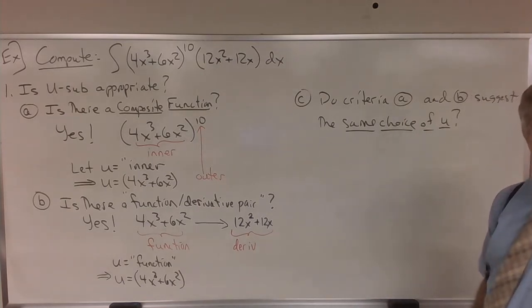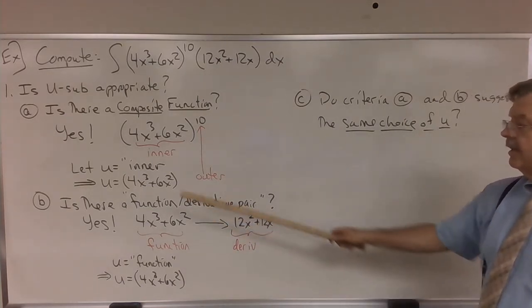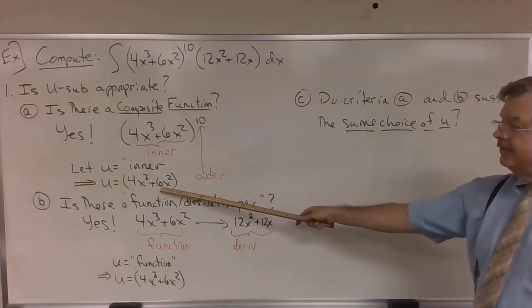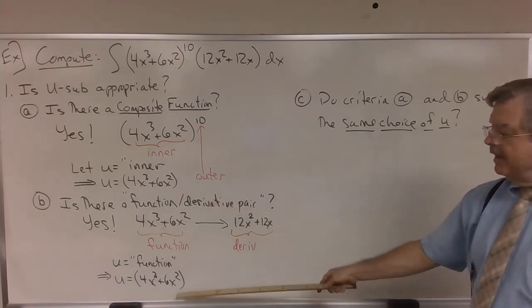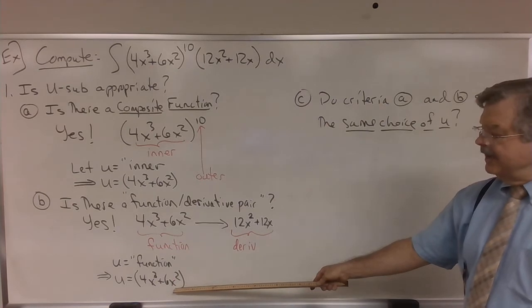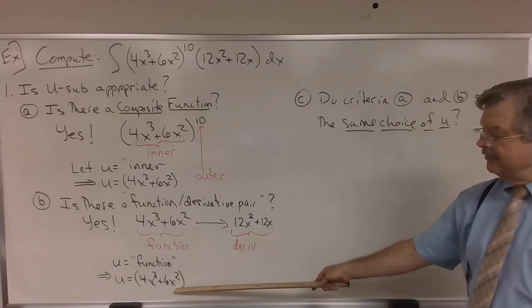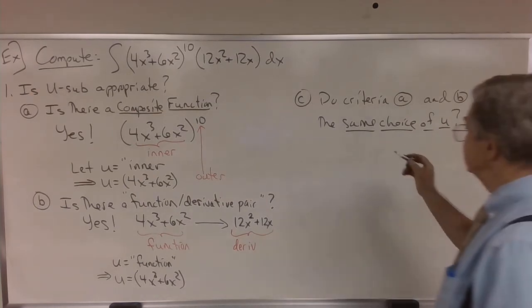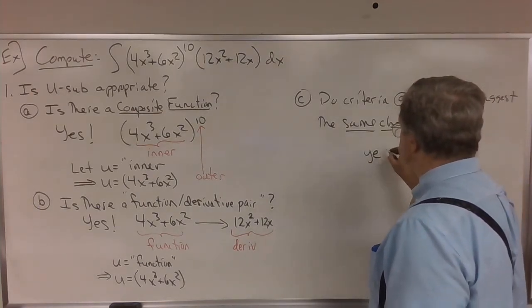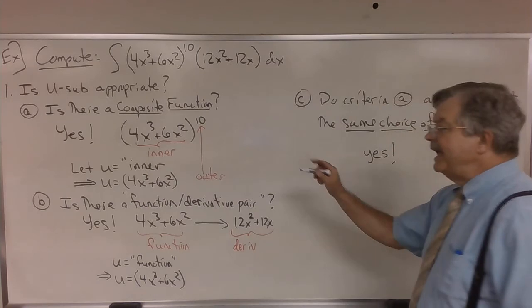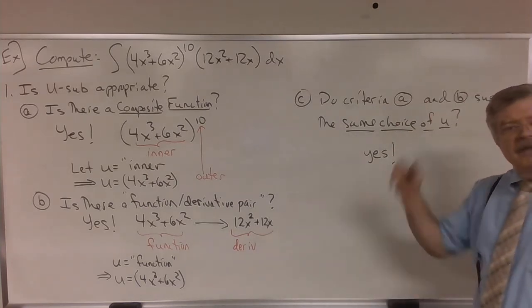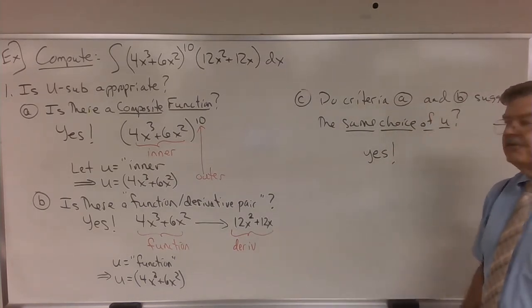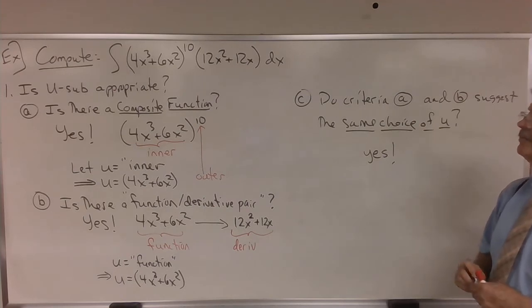And I'll be a son of a gun, they do. Criterion A says let u equal 4x cubed plus 6x squared. Criterion B says let u equal 4x cubed plus 6x squared. So the answer is yes. The answer to A, B, and C is yes. We go full blast forward with U-substitution.